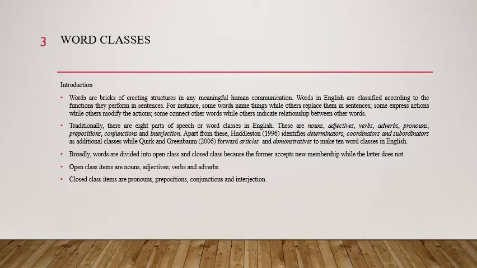They are so called because they allow or accept new members into the class, while the closed classes are items like pronouns, prepositions, conjunctions, and interjections. They are closed in the sense that they hardly admit new members.